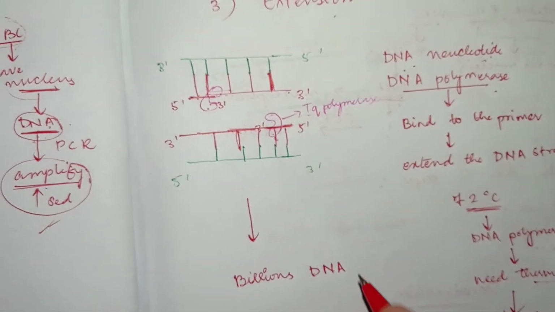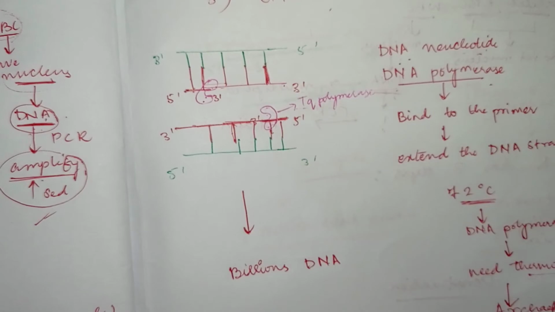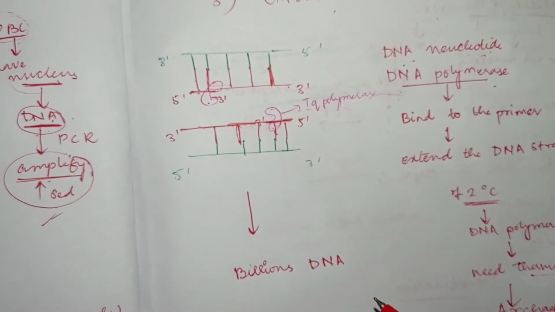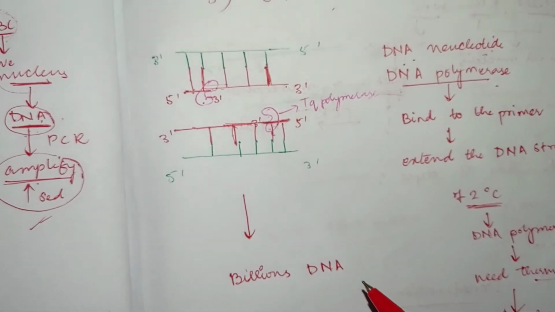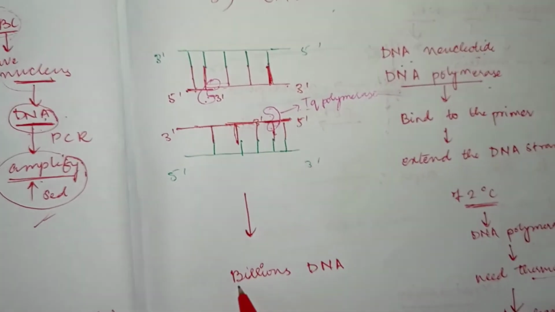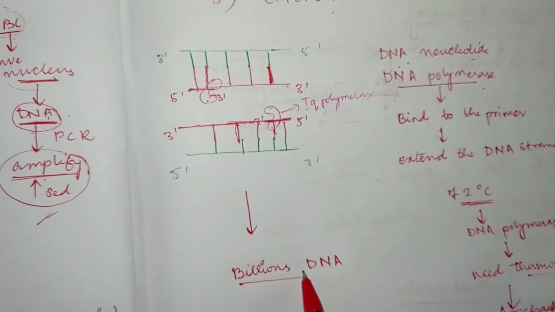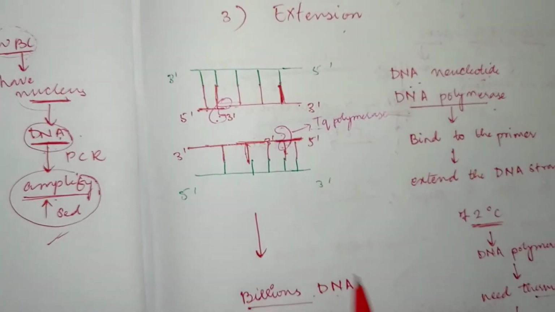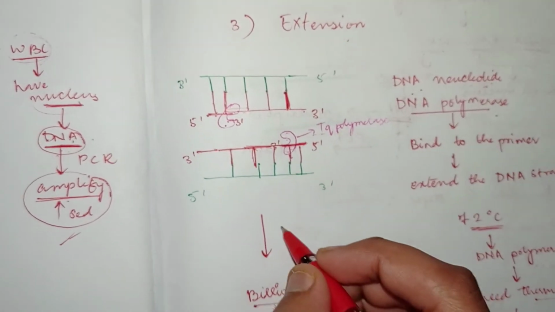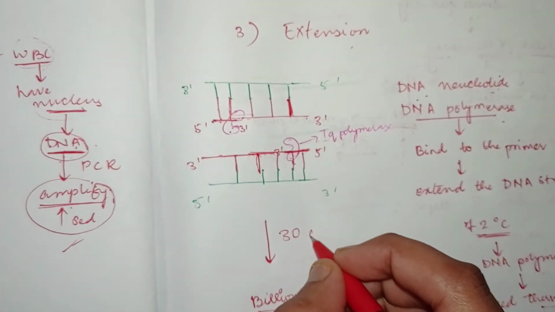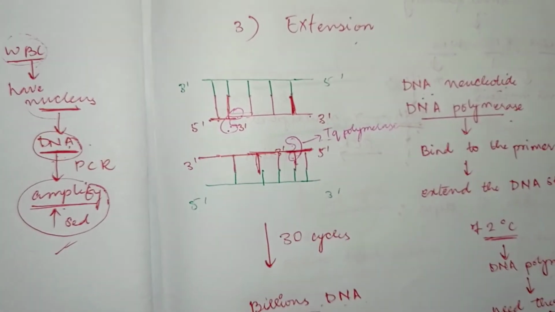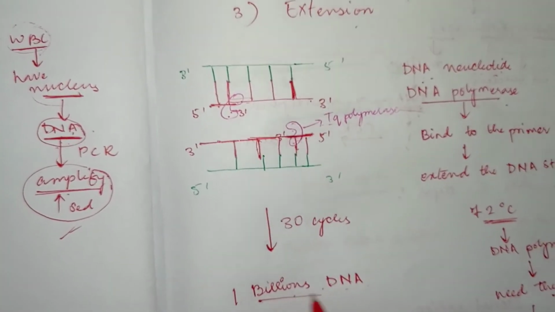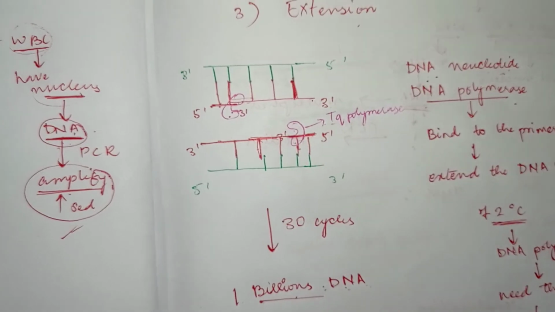So from a single double stranded DNA structure, you are going to get billions of copies of double stranded DNA structures. If we repeat this cycle up to 30 cycles, then it is going to be converted into approximately 1 billion double stranded DNA structures.